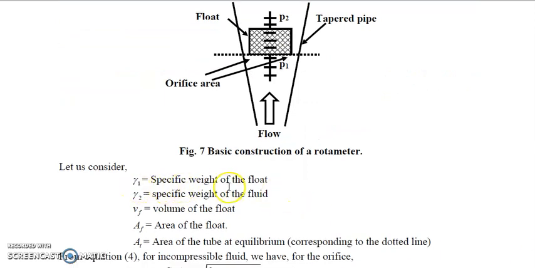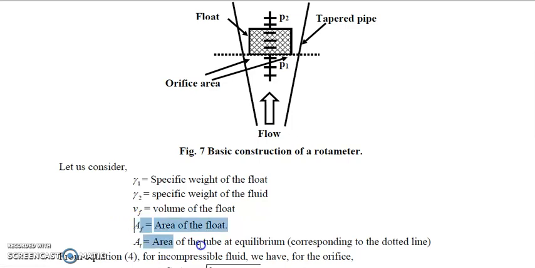Gamma 1 is the specific weight of the float. This is the float. Its specific weight is gamma 1, and gamma 2 is the specific weight of the fluid. Vf is the volume of the float. Af is the area of the float.